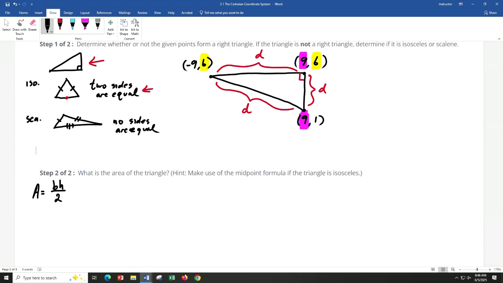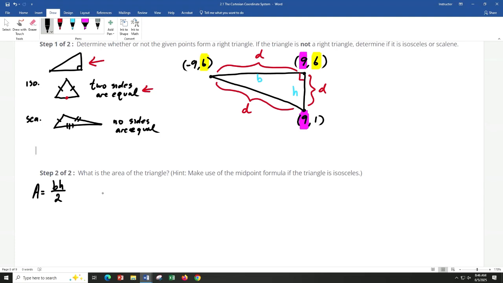So let's look at this. How did I do this? Well, let's look at my base. When I go back up here and look at my original sketch, which is why it's going to help y'all a lot to sketch, I have a base here of this, right? And then I have a height right here. Is that going to help y'all out? So look at what I did here. I'm looking at the distances of those, so I'm going to have to put those into my distance formula.